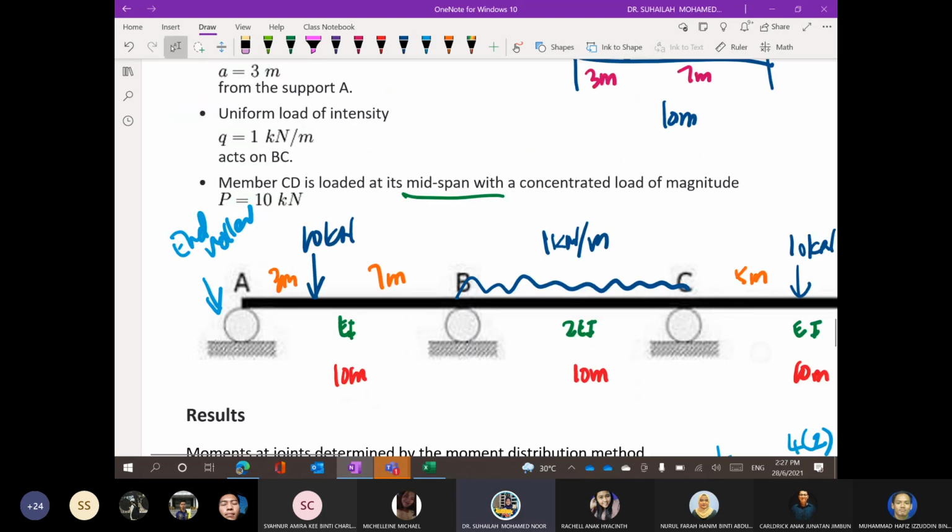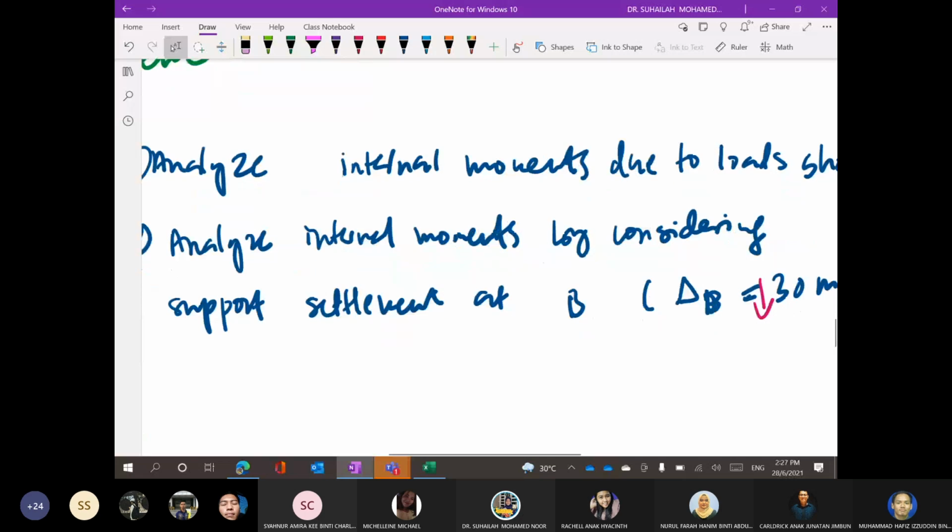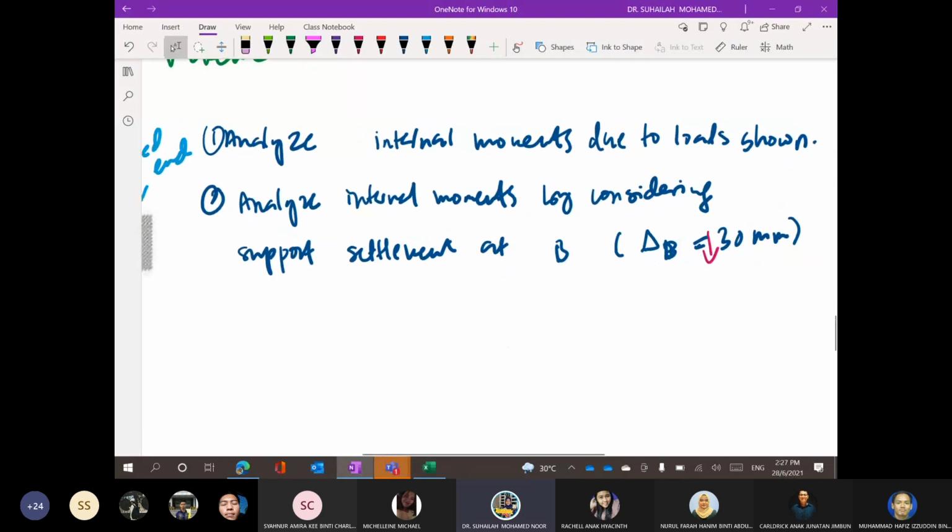I have set the settlement. The settlement occurs at B, of magnitude 30 mm. So the settlement is downward.